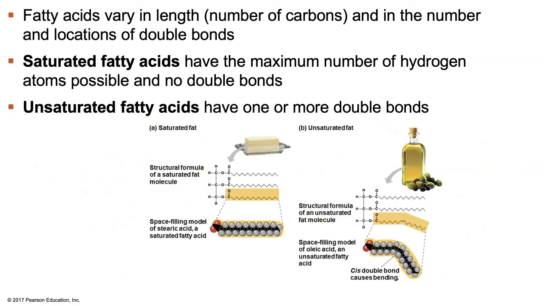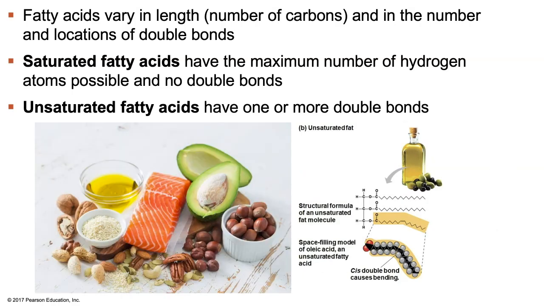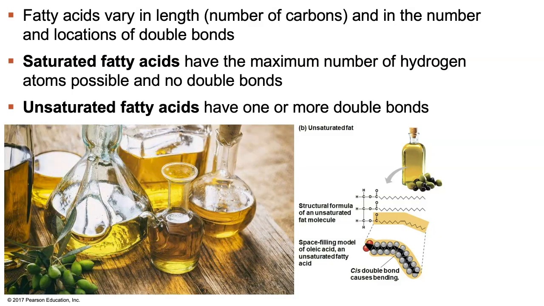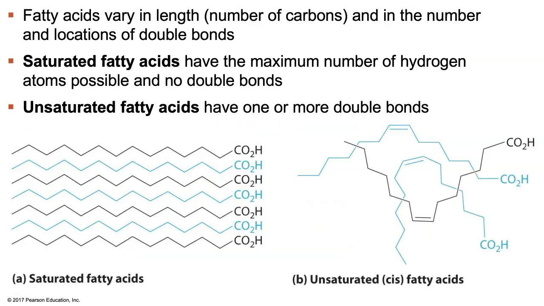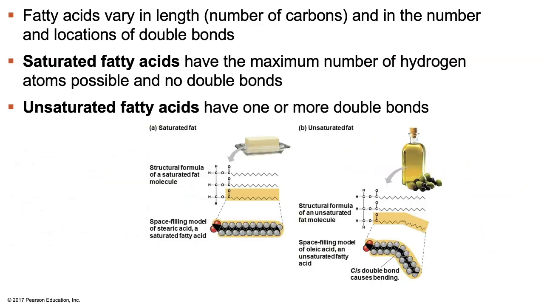Unsaturated fatty acids come from fish fats and plant fats. For example, we have olive oil and fish oil and sesame seed oil, and those all tend to be liquid at room temperature, which is due to the kinked structure of the unsaturated fatty acid. So those don't pack in as closely together.